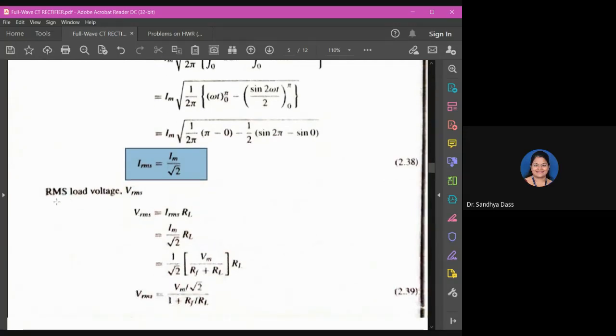Similarly, going for further, RMS load voltage, VRMS. Are you noting down? Am I fast? Should I go slow? Yes, ma'am. Should I go slow?